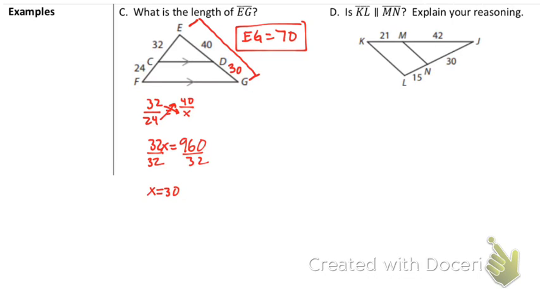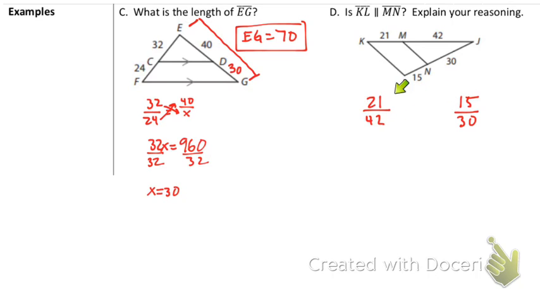All right, we also can use the side proportionality theorem another way to prove sides parallel. In order for these two sides to be parallel, then these sides that are split should be proportional. So let's check. I'm going to set up 21 over 42. And then I'm going to set up 15 over 30. What I want to check is, are these two fractions actually equal to each other?